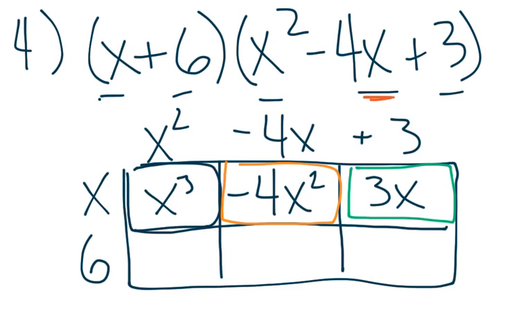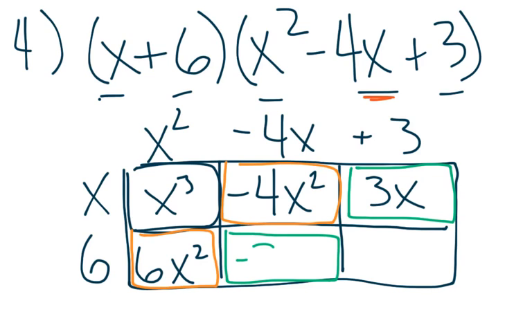In the bottommost left box, we're going to multiply x squared times 6, so that's 6x squared. And in this middle bottom box, we multiply negative 4x times 6, so that's negative 24x.